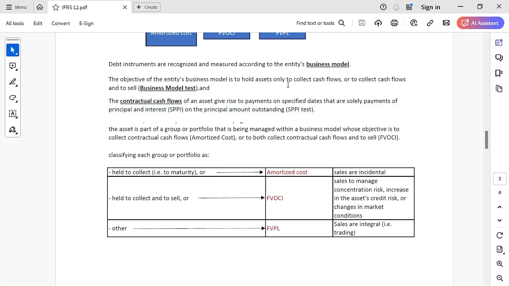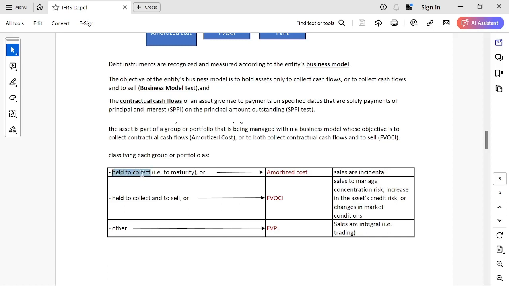So let's say we have an investment in a bond, and we are receiving such payments on specific dates that are solely payments of principal and interest, and we are holding it to collect cash flows, i.e., let's say to maturity, then we can use the amortized cost. Here we have this table that summarizes.